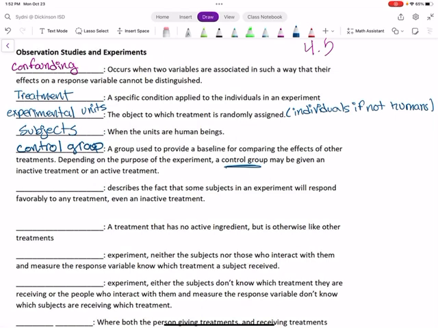Okay. Now, sometimes in your control groups, you can figure out that people will actually respond to the inactive treatment. This is called the placebo effect. The placebo effect occurs whenever someone who has been given the inactive treatment starts showing the same results as those who have been given the active treatment.